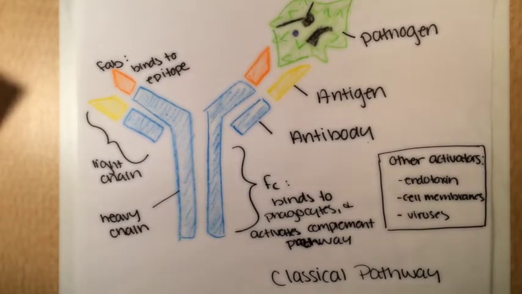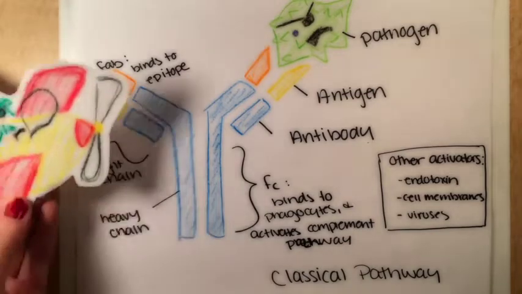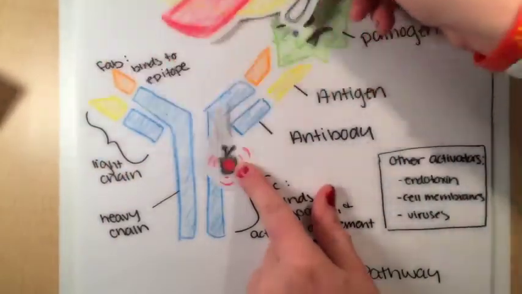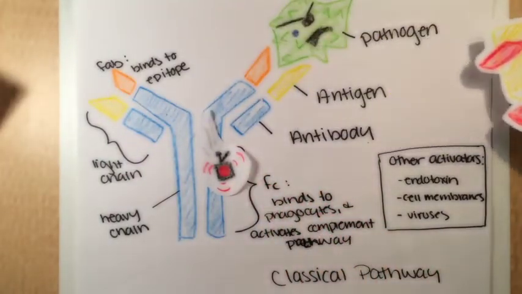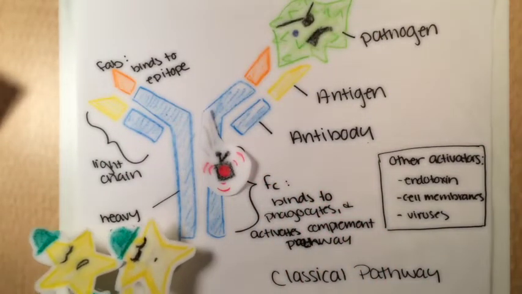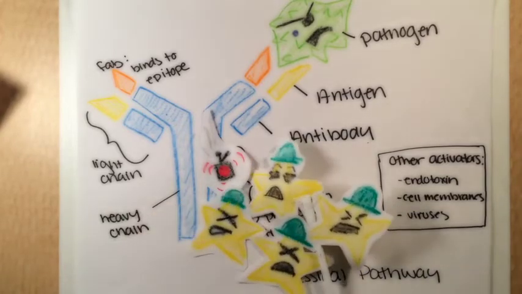A war analogy for this pathway would be an airplane pilot dropping a tracking device, or an Fc portion of Ig, in enemy territory. Complement circulates in the blood like foot soldiers and activates upon arrival.